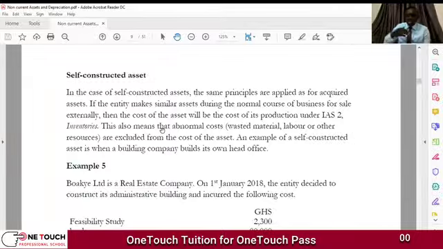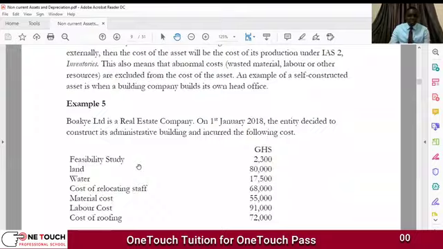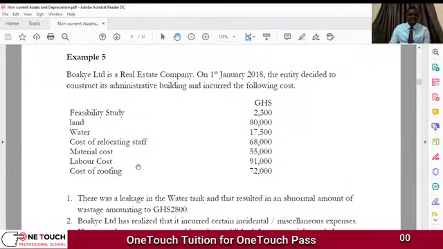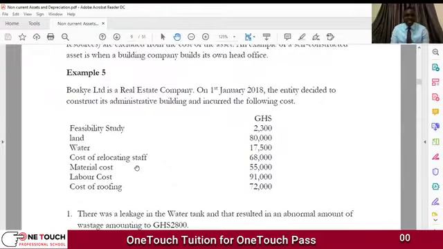So we've already looked at some of the examples. Okay, good. So let's see. Boache Limited is a real estate company. On 1st January 2018, the company decided to construct an administrative building and incurred the following costs: feasibility study, land, water, cost of relocating staff, material cost, labor cost, cost of roofing.